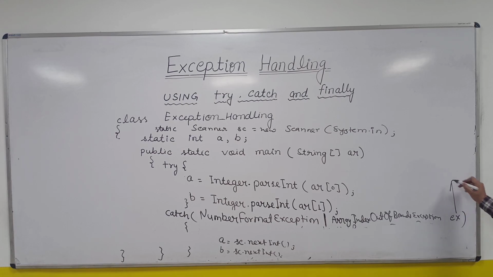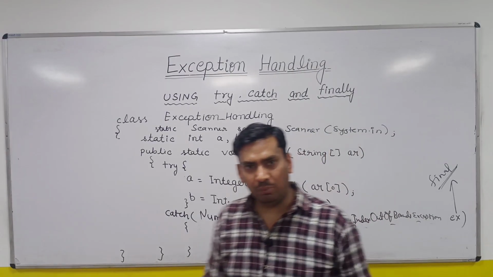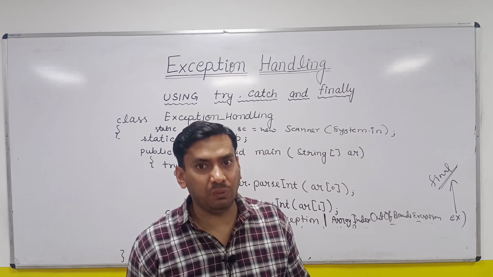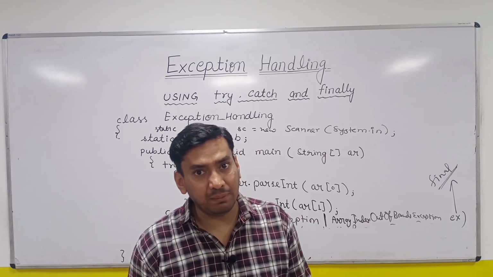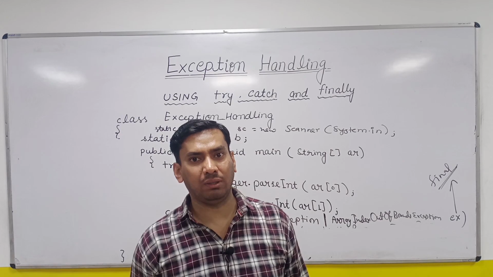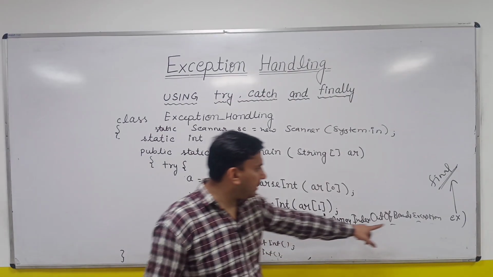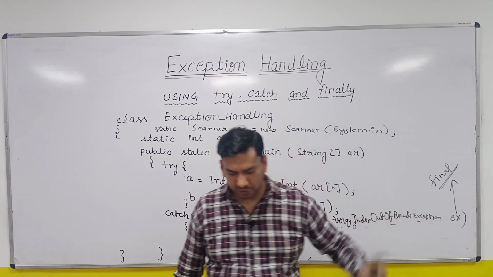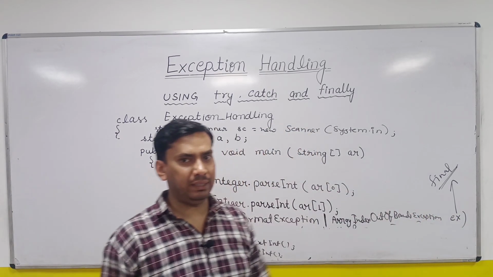So this ex will be final. It cannot be reassigned any value. In the normal catch block, whatever reference variable you are writing is non-final. That can be reassigned a value in the catch block. But in case of multi-catch, this is final. This is the first important point about the multi-catch.